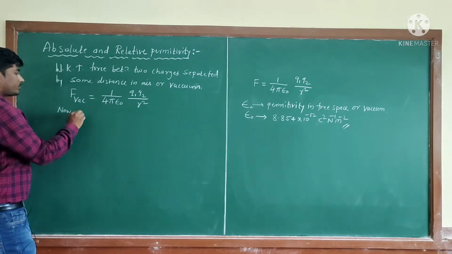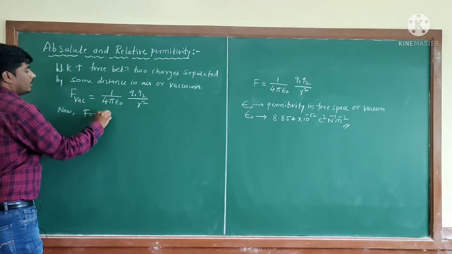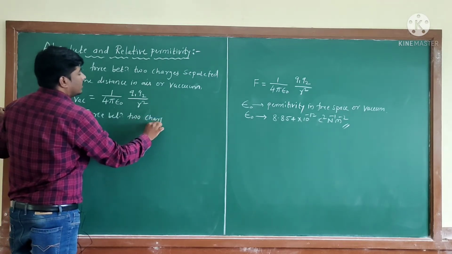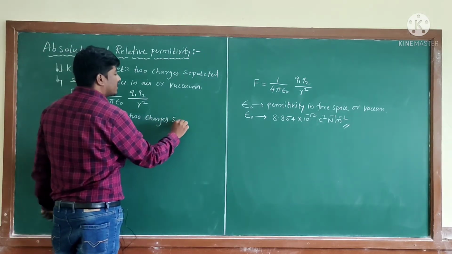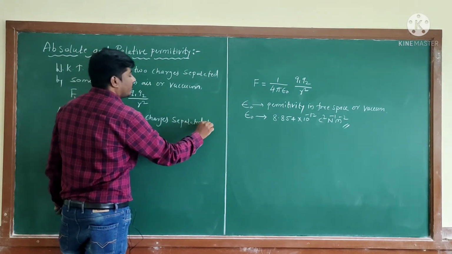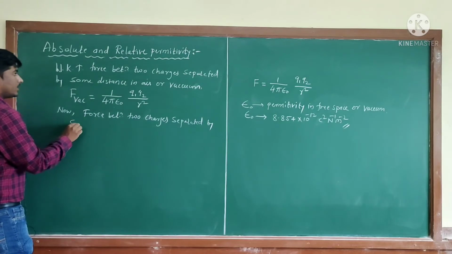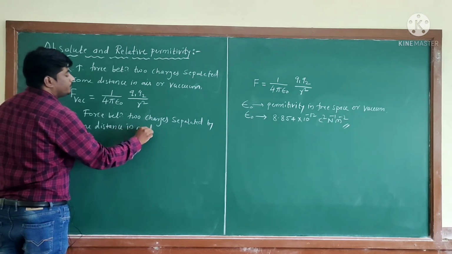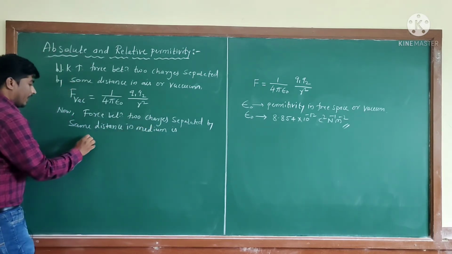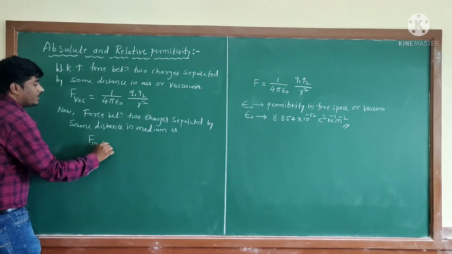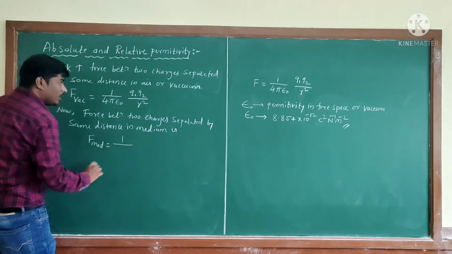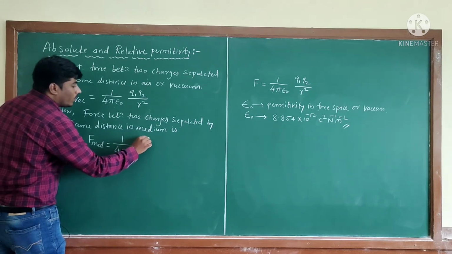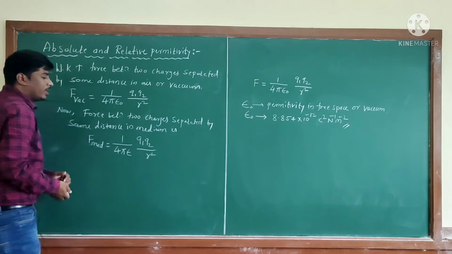The force between two charges separated by the same distance in the medium, I will call it F medium, which is not air or vacuum, is 1 divided by 4 pi epsilon q1 q2 divided by r square.